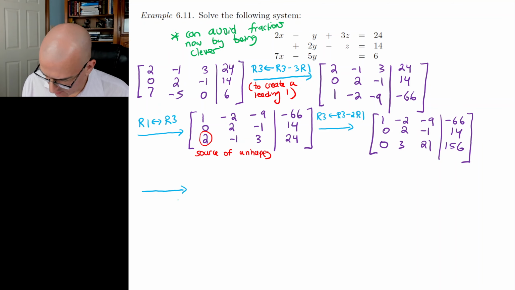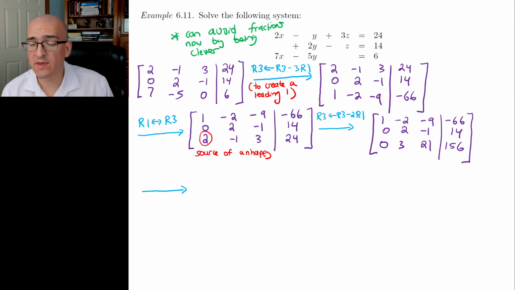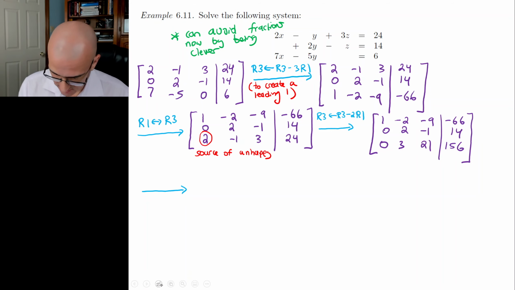Okay, next thing. We can divide row 2 by 2 and create a leading 1 there. Or we can divide row 3 by 3 and create a leading 1 there. 3 divides evenly by 3, 21 divides evenly by 3, and 156 divides evenly by 3. 156 is equal to 150 plus 6.